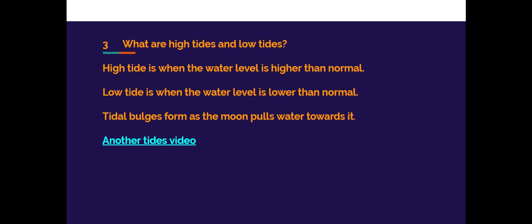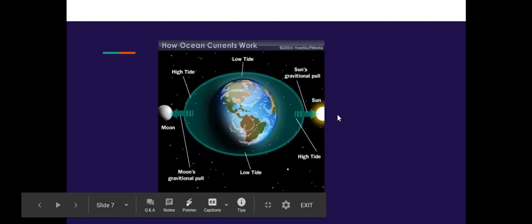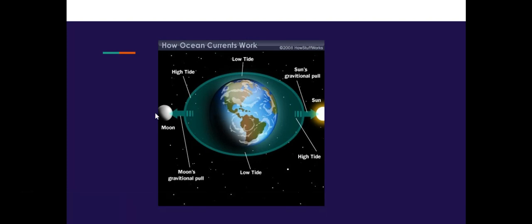So here comes the tides video that I was talking about. Before we watch it, let's take a look at this picture. Here's the water on the earth. It's not really that deep, but it gives you an idea. The moon is pulling water in one direction, the sun's pulling water in one direction. And these two normally are not lined up.